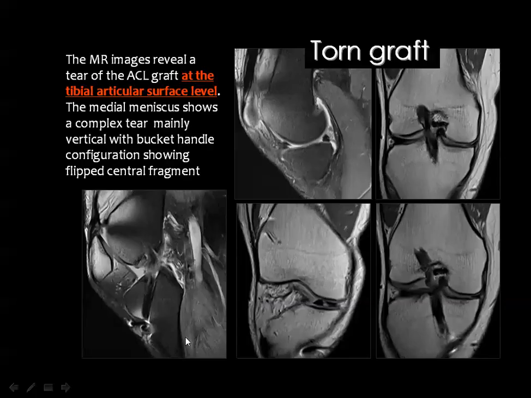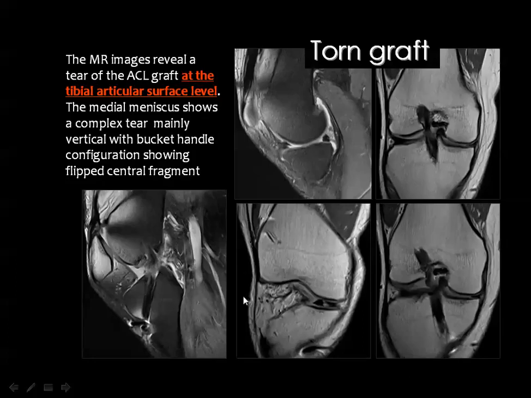Then also you should assess if the graft is intact or torn, and this is easy if you know the signs of rupture of the ACL, and there are the same signs of rupture of the graft itself, but you concentrate on the presence of abnormal signal within the graft substance.